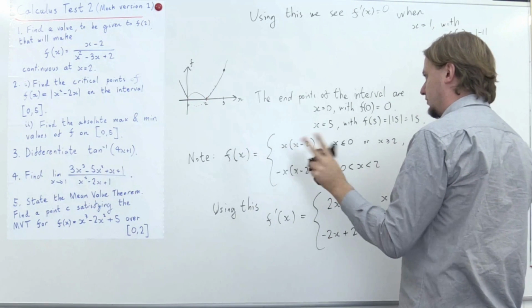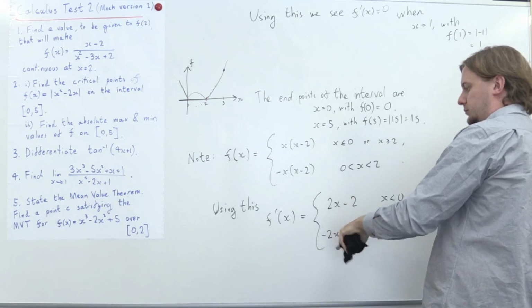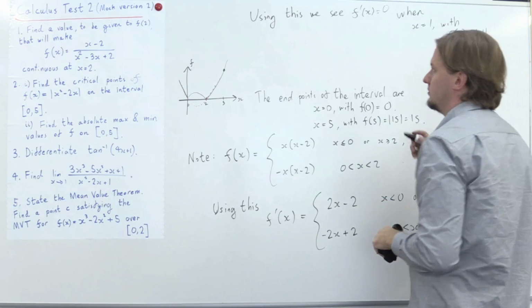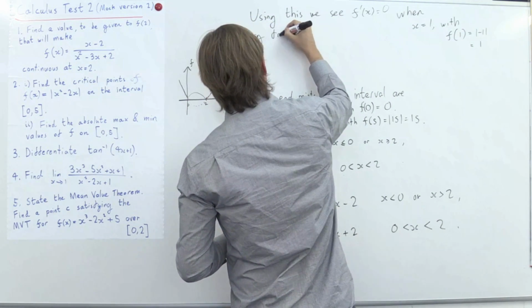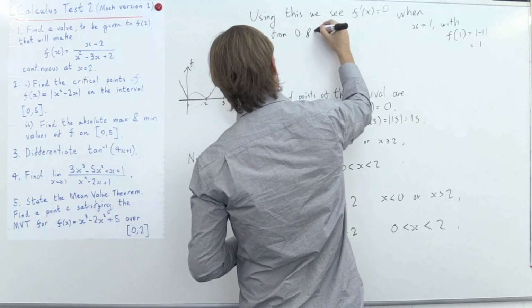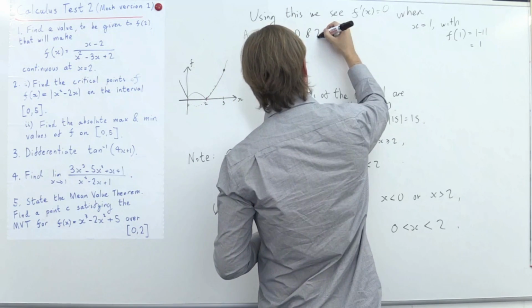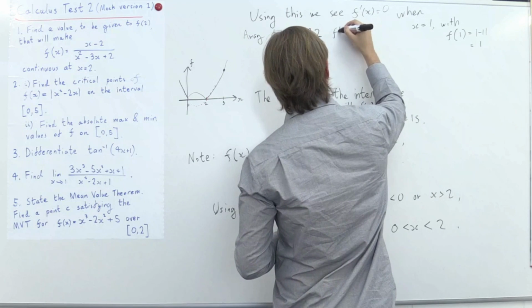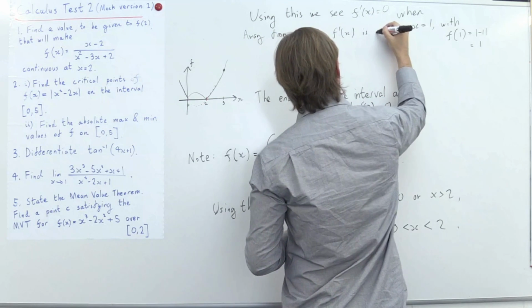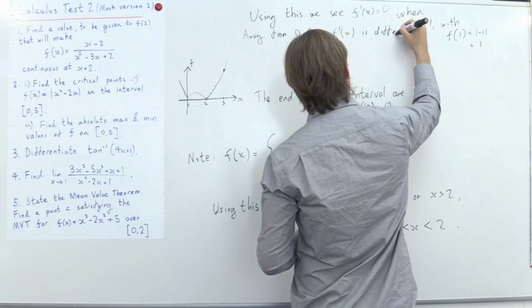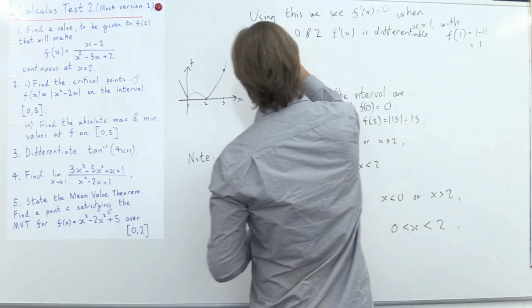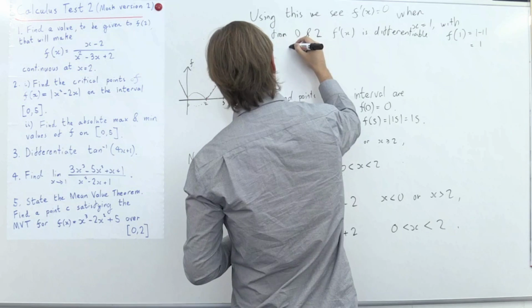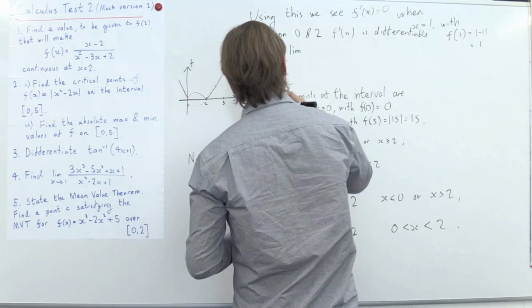So away from 0 and 2, I know f prime of x is differentiable, but, well, I look at the limit.